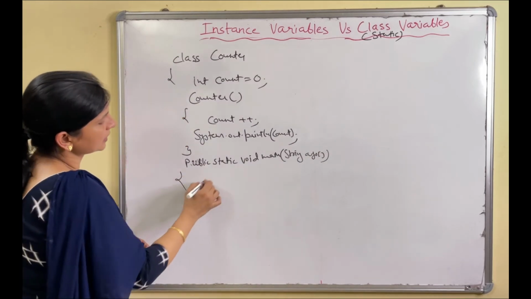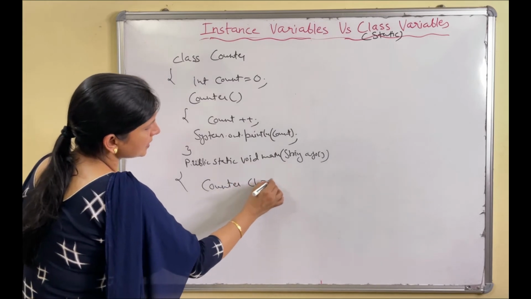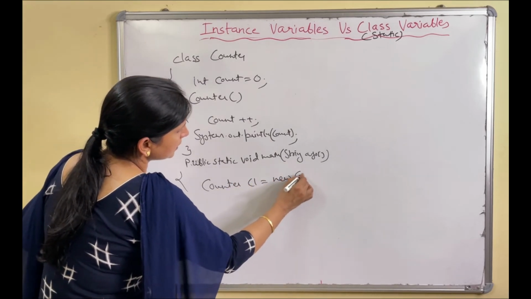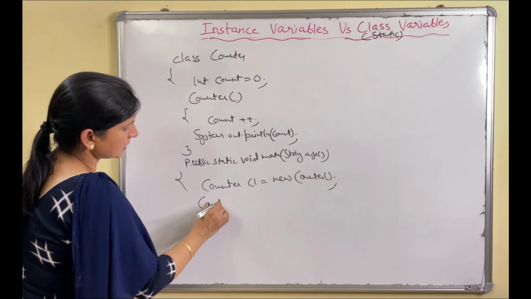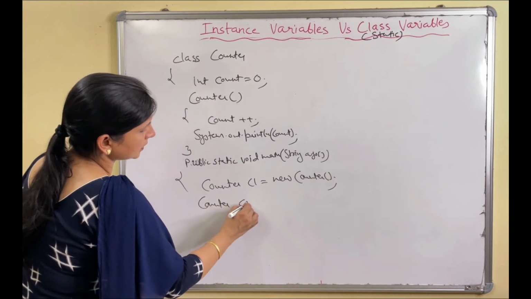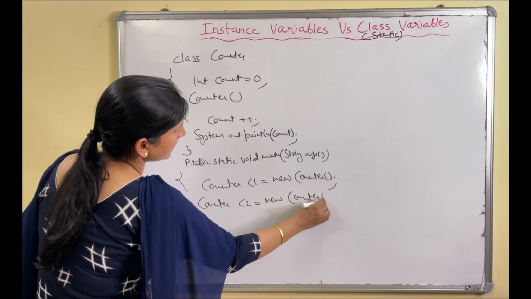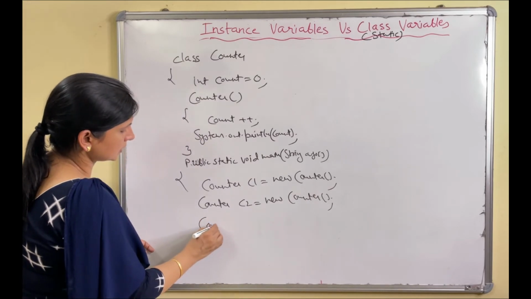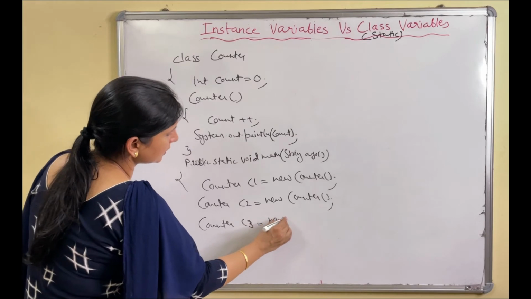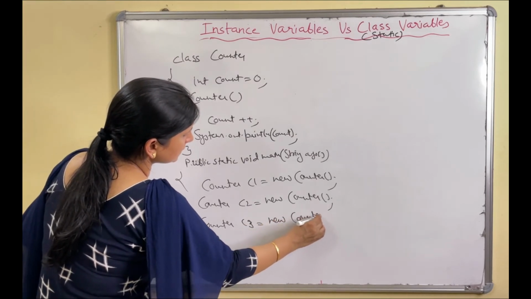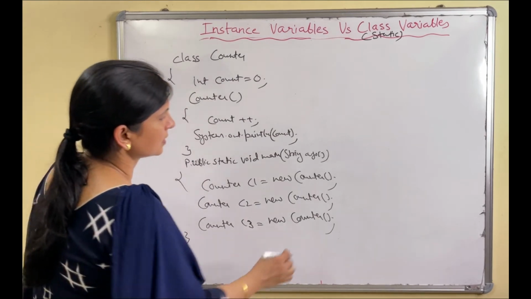In that I will create 3 objects of class Counter: Counter C1 = new Counter(); Counter C2 = new Counter(); Counter C3 = new Counter(); right? Main close, class close.